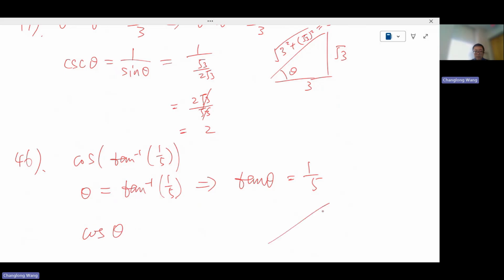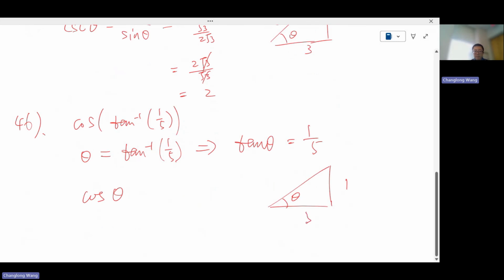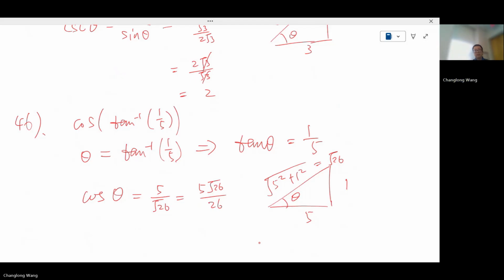So the right triangle here, the theta here, opposite will be 1, and the adjacent will be 5. So hypotenuse is going to be 5 square plus 1 square, which is radical 26. So now cosine must be adjacent over hypotenuse, so it'll be 5 over radical 26. And rationalize the denominator, you get 5 radical 26 over 26.